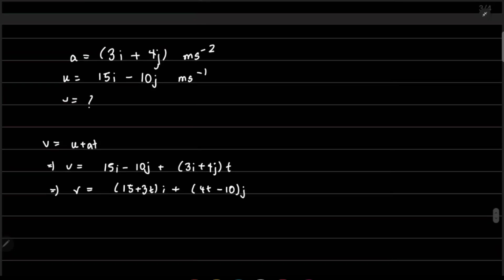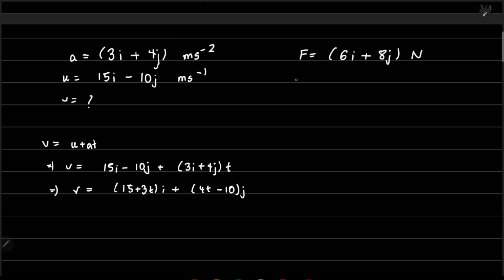Furthermore, we might also be given the force vector. So we might be given that the force is 6i plus 8j Newtons, and we are given the mass is 2 kg. From here we can find the acceleration vector, because F equals mass times acceleration. 6i plus 8j will be 2 into a. From here we could get our acceleration of 3i plus 4j again.